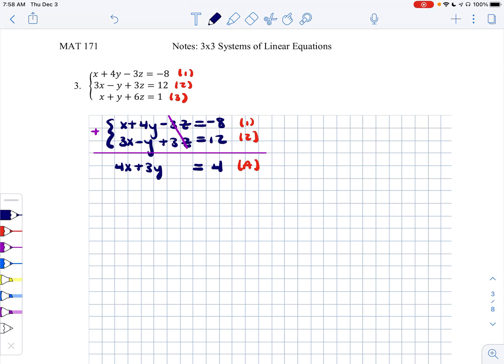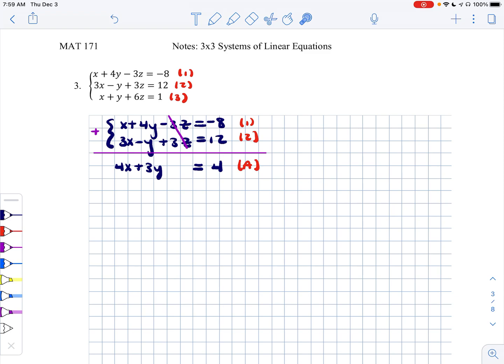So now we need another pair of equations, and we have to eliminate the same variable. So since we eliminated the z in this first pair, we have to eliminate the z in the next pair. So we can either pair together equations 1 and 3, or we could put together equations 2 and 3.